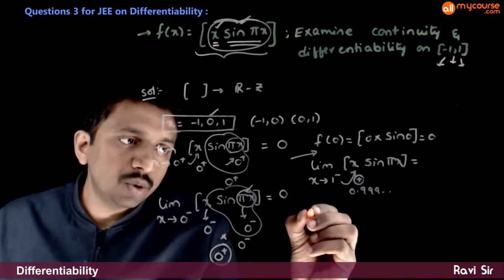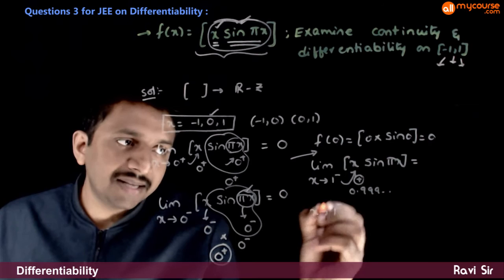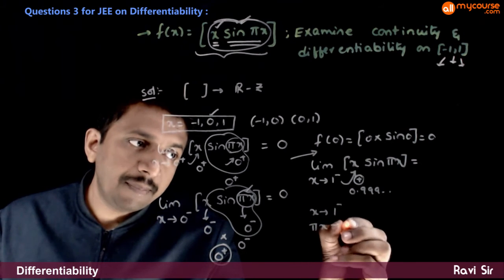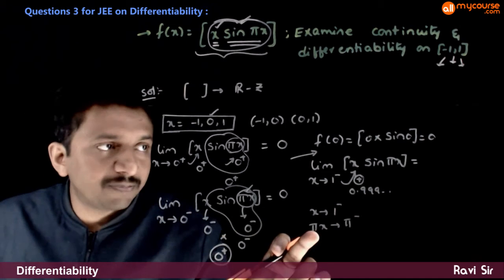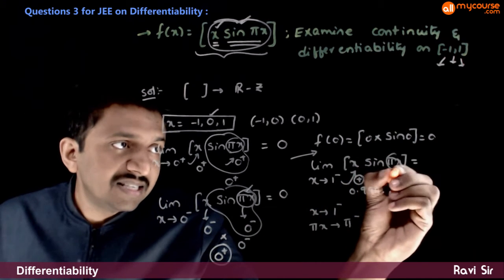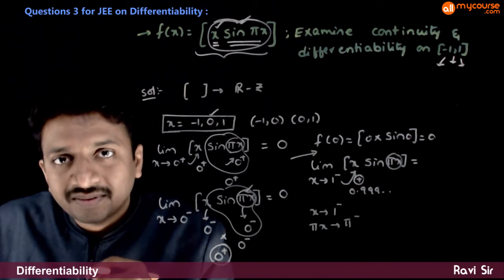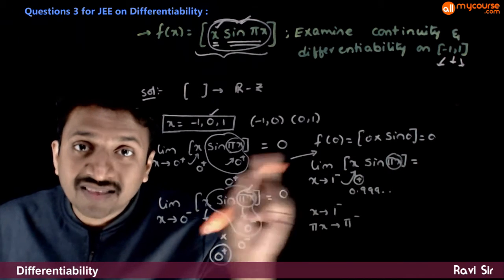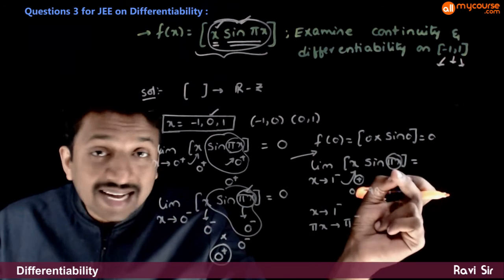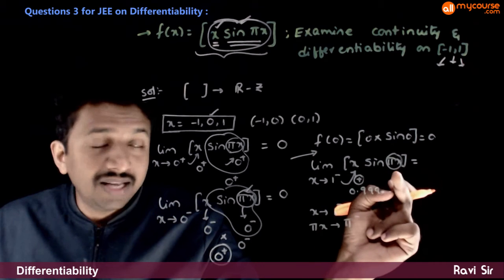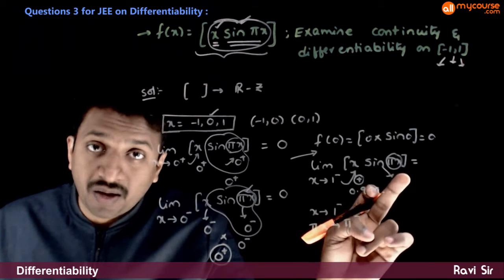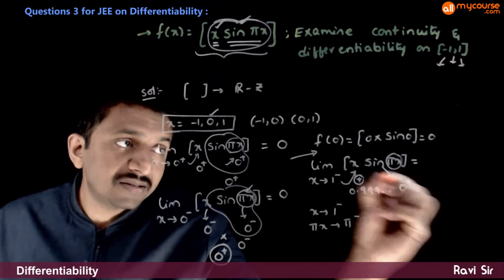And if x tends to 1 minus, pi x tends to pi minus, right? That means pi x is an angle slightly less than pi, slightly less than 180 degrees, that is, in the second quadrant. So sine pi x is positive and it tends to 0 plus.